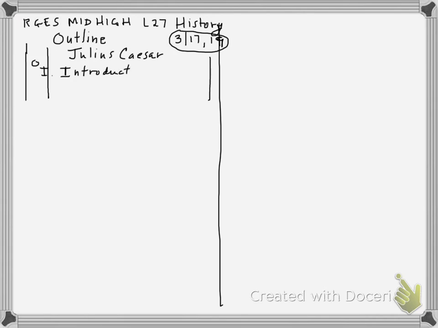You're going to have an introductory paragraph, and I'll put the little symbol for paragraph. In that introduction, you are going to state some of the things about Caesar that you found very interesting, and some general information. Maybe you'll state that Julius Caesar was obviously a famous general, he was assassinated, and he was in a famous play by William Shakespeare.